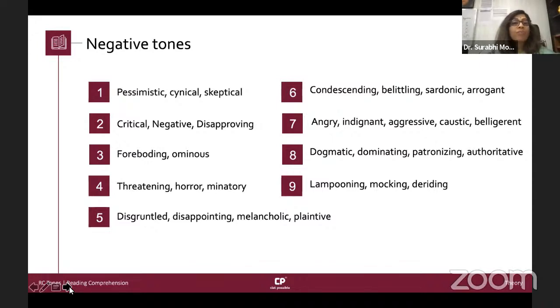Then you have number 1, right? Or number 2, if the author is threatening or saying that things are going to be horrible in the future, then it will be number 3.